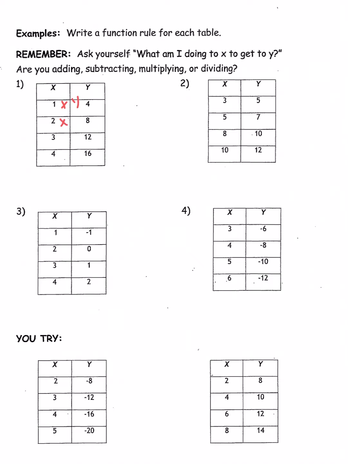If you times 2 by 4, you get 8. If you times 3 by 4, you get 12. And so on. So when I write my equation, I'm going to write y equals 4 times x. So no matter what value I put in there, if I had a 5 in this table, y would turn into 20.